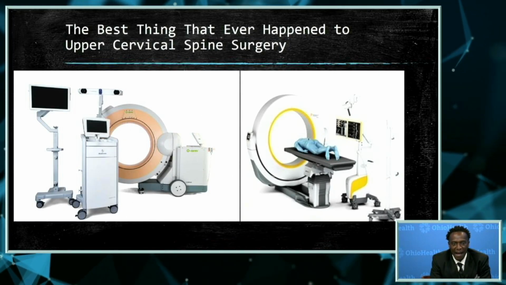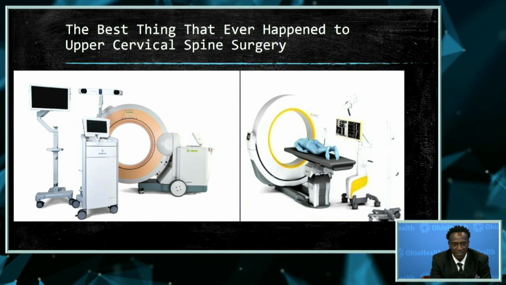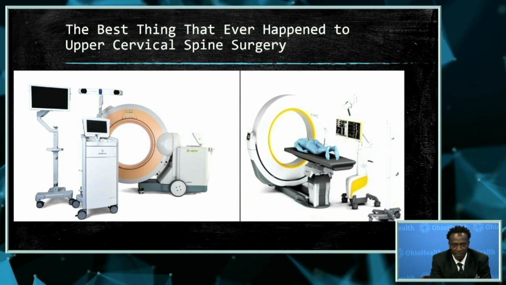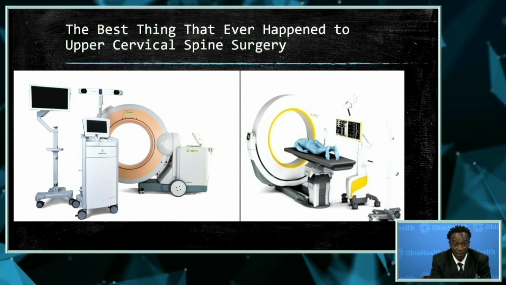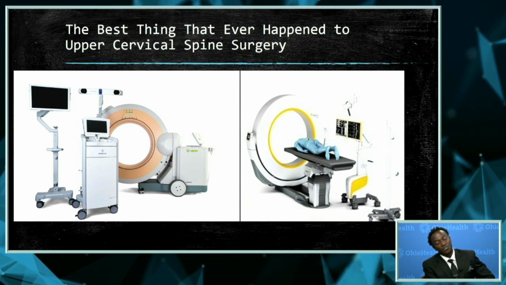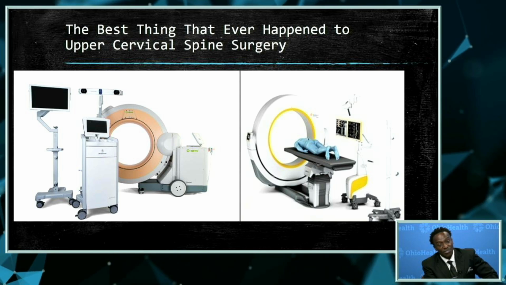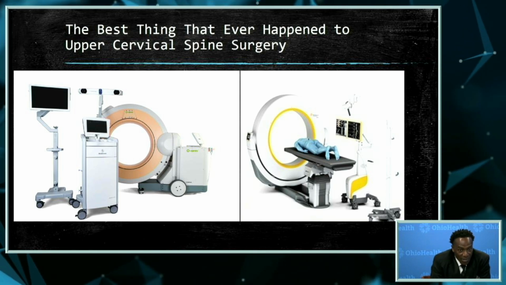The best thing that ever happened to upper cervical spine surgery is navigation. I love this stuff. I love technology. I love navigation. We use this so much. We've gotten pretty efficient with using this machine. Whenever you start with new technology, you feel like it's slowing you down.